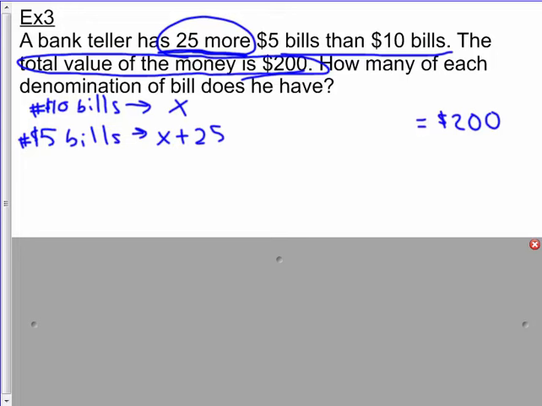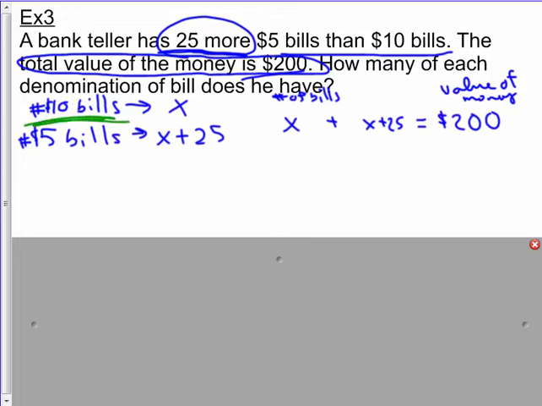So if I tried to add these together, if I added X and X plus 25, that would just give me the number of bills, not the value amount. So I have to figure out the value amount. Let's think of this. If I had 8 $10 bills, what's the value of the money that I have? How would you figure that out?